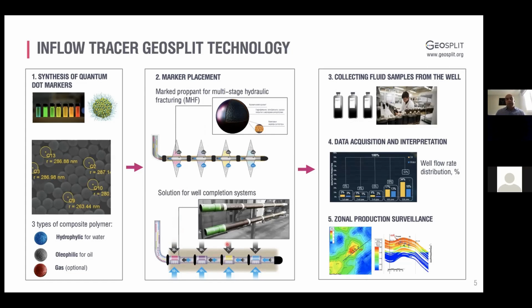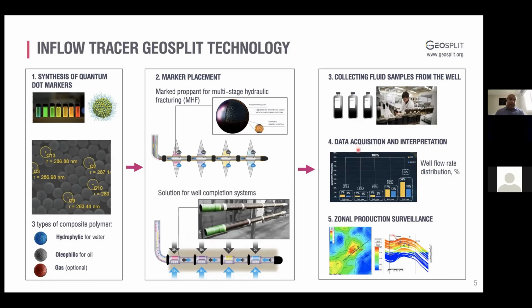And we use actually a very elastic composite material, mark tape, which contains the tracers. And typically this is placed on a blank pipe of the completion. And then once the well is put on production, the flow touches the composite material, releases the tracers and carries it to the surface, where we capture it and analyze it.